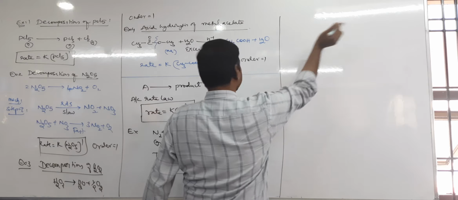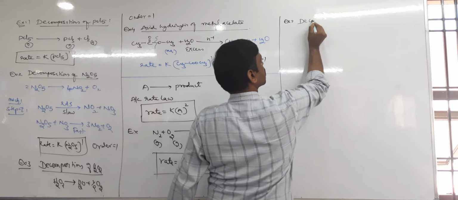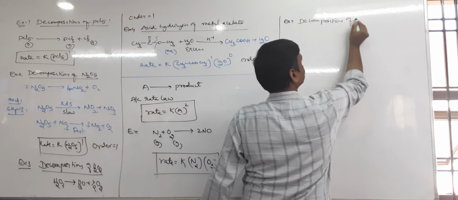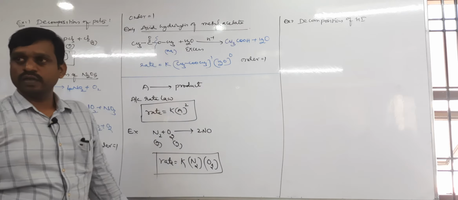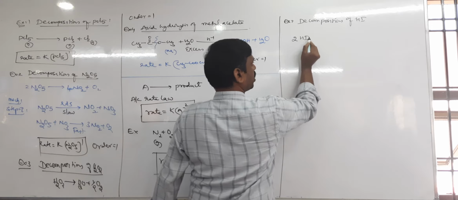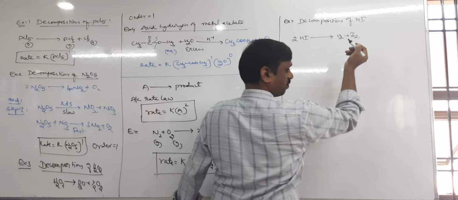Decomposition of hydroiodic acid, HI. Okay, and tell me, 2HI undergoes decomposition, it gives rise to H2 plus I2.